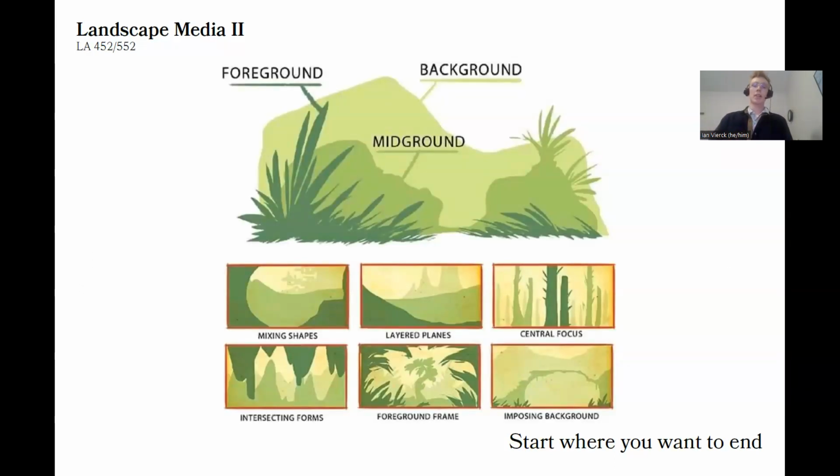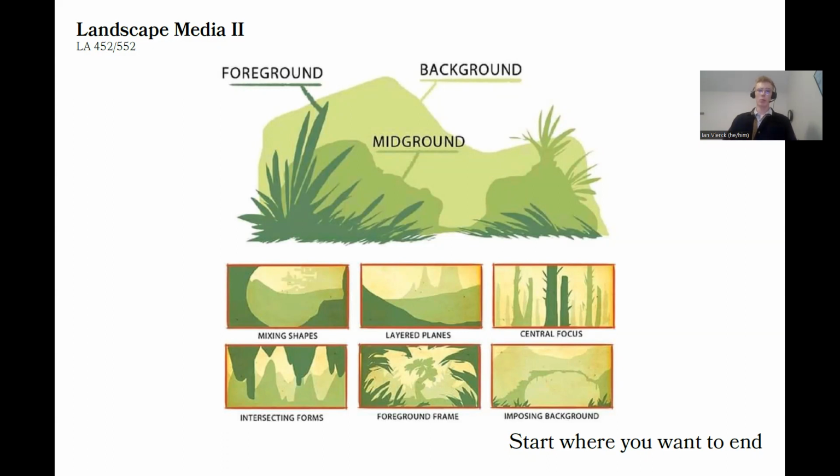And once you have an idea of the ratio, the canvas shape that you might be working within, you don't want to start too far ahead, but you can start considering some of the composition of your rendering.